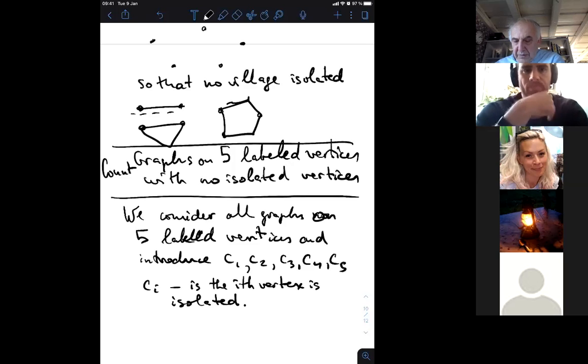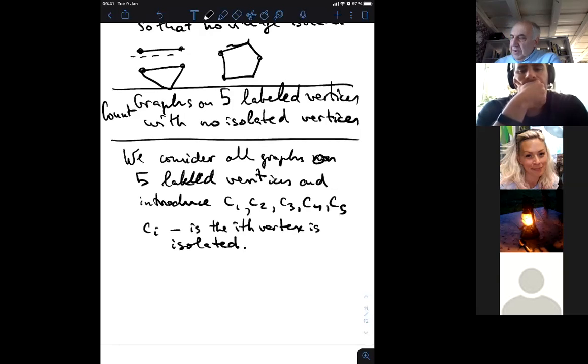What is it that we want? We want to find out how many graphs there are so that none of the vertices is isolated.